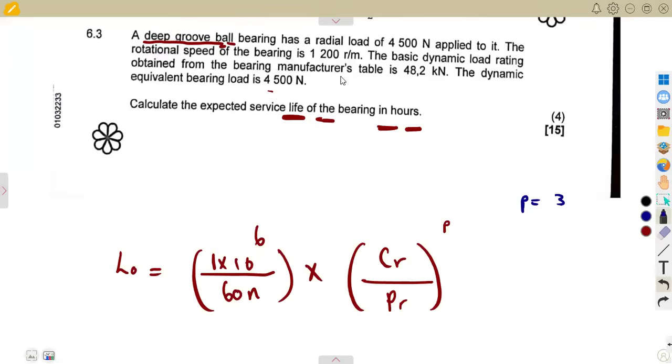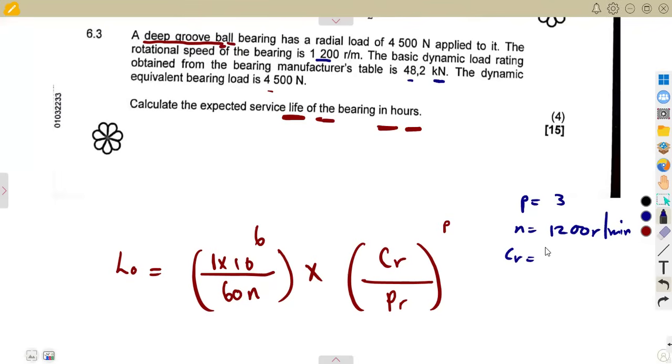So what else do we have? Remember, the speed is given. N is given as 1,200 revolutions per minute. This time it is revolutions per minute, guys. The basic dynamic rating, our CR, is given as 48.2 kilonewton.